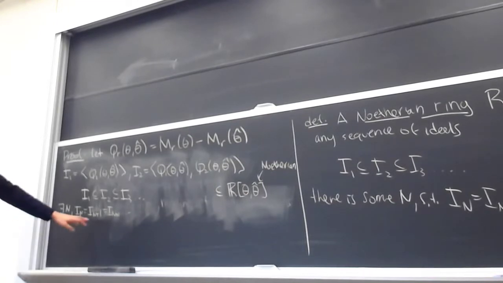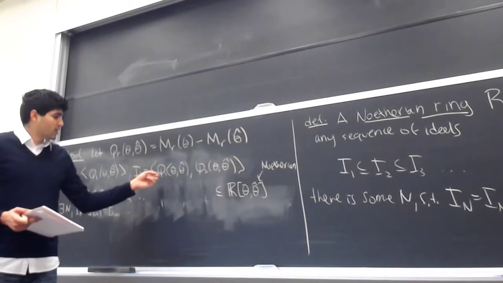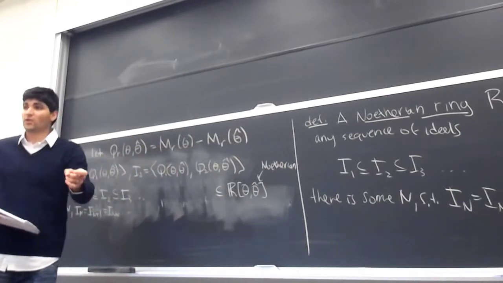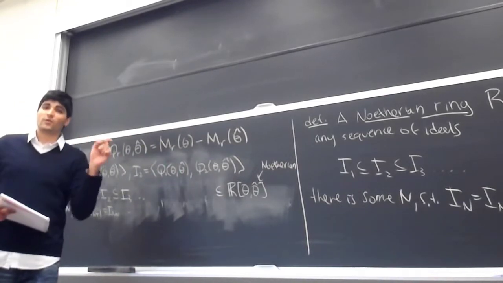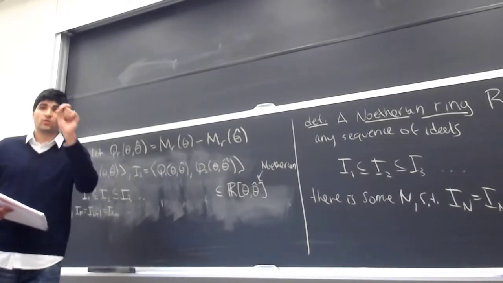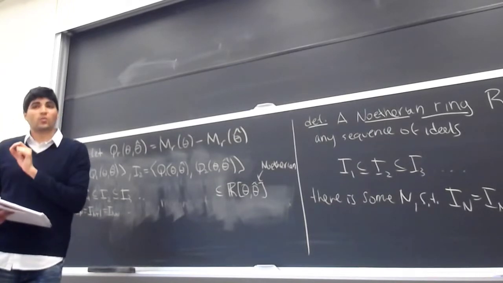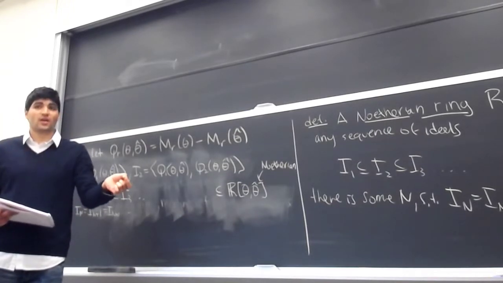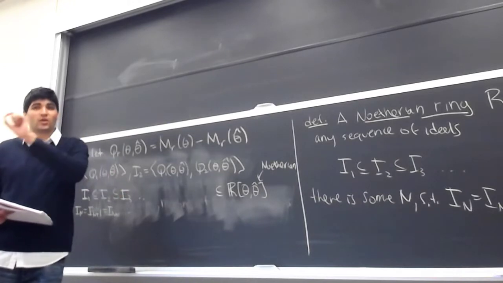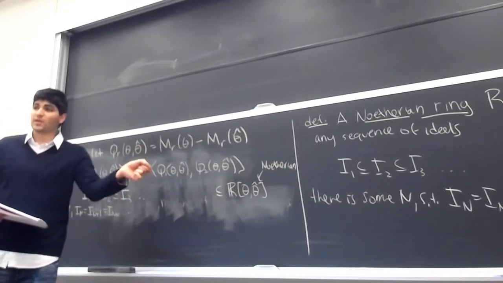But what this really means, if you think about In+1, you're adding, In was generated by Q1, Q2, all the way up to Qn. And In+1 was generated by Q1, Q2, all the way up to Qn, and then Qn+1. The only way that adding Qn+1 does not increase the size of the ideal strictly is if Qn+1 itself could be expressed in the old ideal.